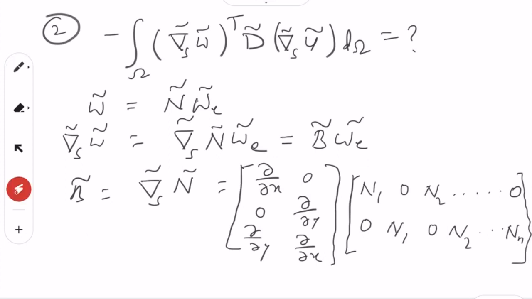We can see here that this multiplies by this. So, del N1 over del x, then this one 0.